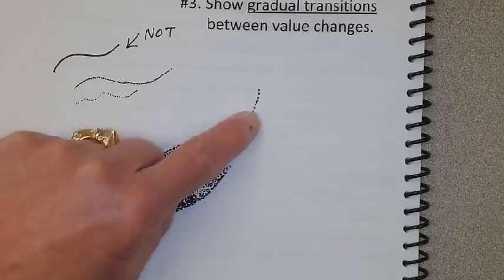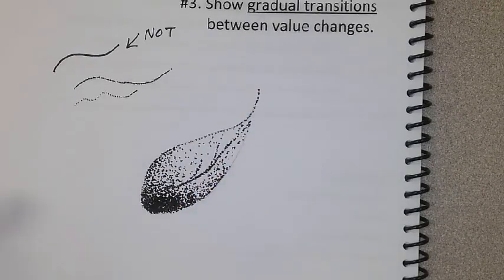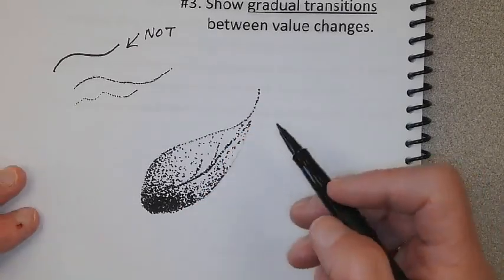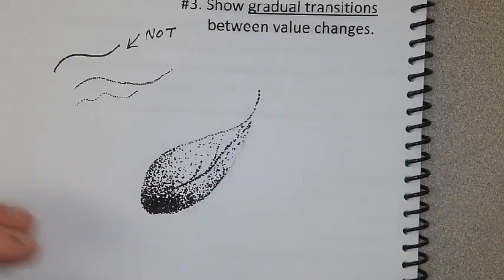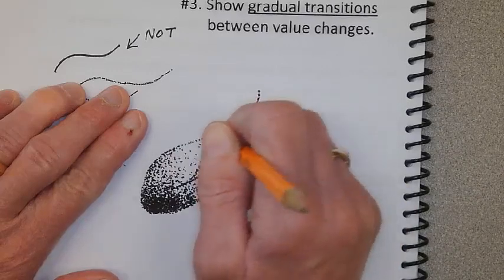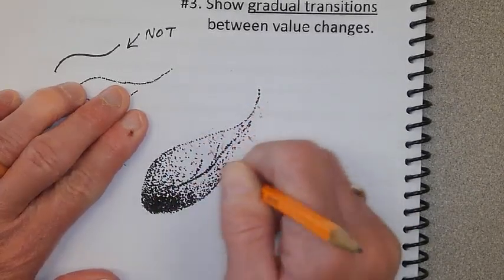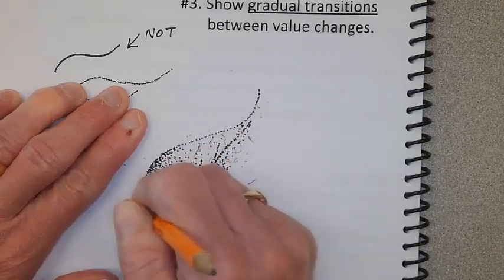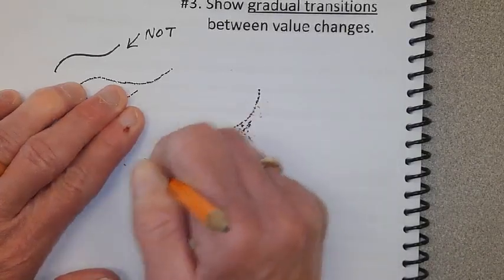So there I have the beginning of a leaf. It's completely okay to leave some lights. In fact, that's what makes your light values. It's also completely okay to not cover every single line that you've done. When you are completely done, so 24 hours later, you will take an eraser, and I would not do it the same day that you dotted it, for smearing.